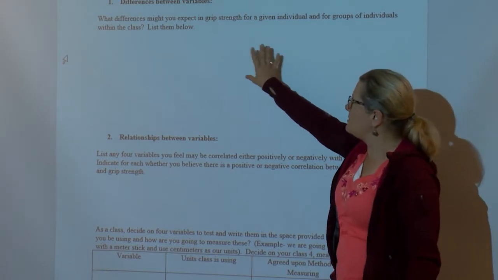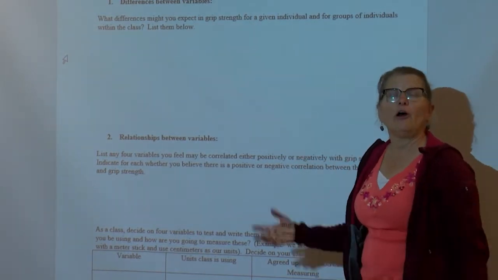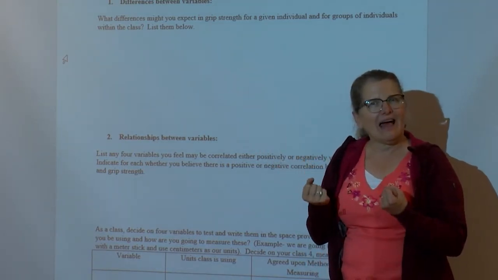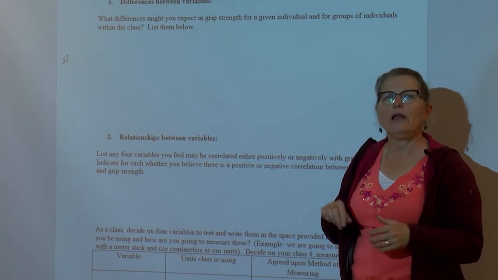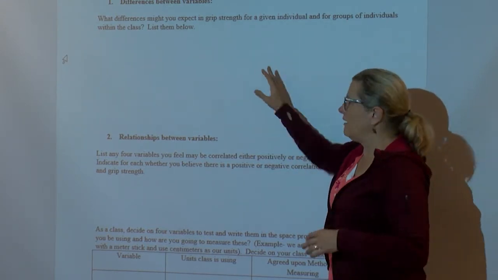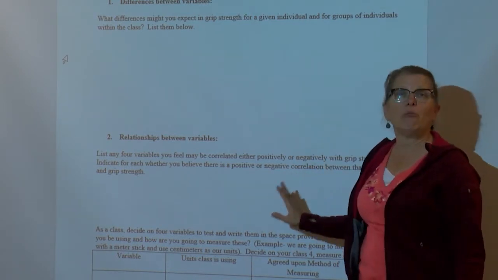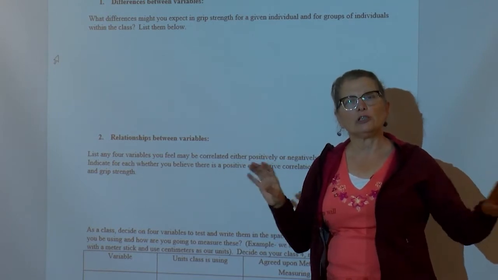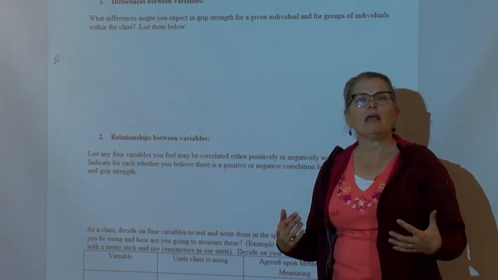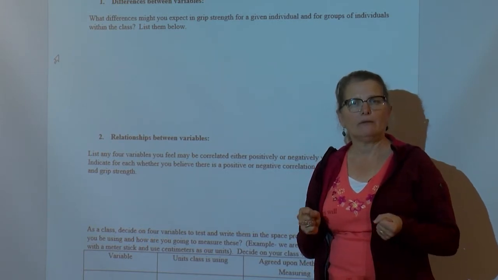So why don't you list 3 or 4 other things besides, are they a tennis player, or did they have something that affected their grip strength in an adverse way? Think of things that might affect how you can grip things. So then typically in the lab what we do is each table comes up with 2 factors that they think might affect how strong someone can grip.